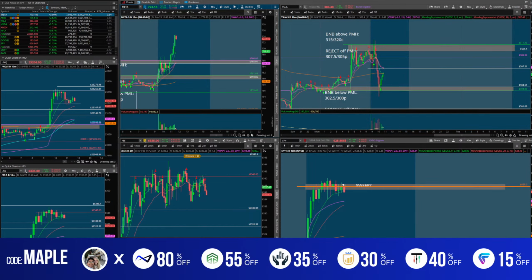All right, I'm back. Wow, imagine that. NQ rejecting off of the golden zone. Fucking ORB, dude.